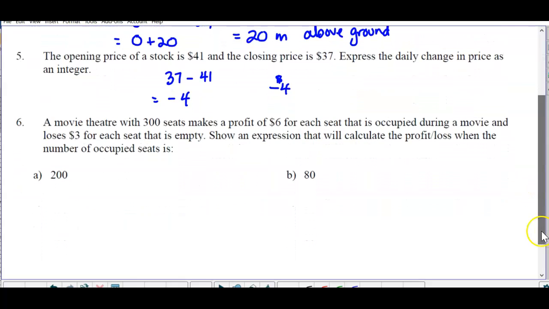A movie theater with 300 seats makes a profit of $6 for each seat that is occupied and loses $3 for each seat that is empty. Show an expression that will calculate the profit or loss when the number of occupied seats is 200. So 200 seats occupied, they each make a profit of 6. How many seats are unoccupied? So you want to go, so this is occupied.